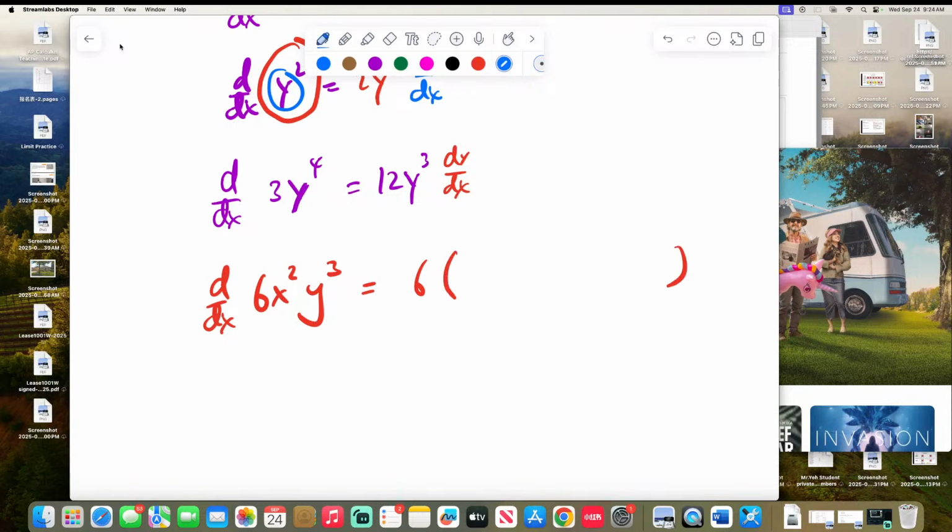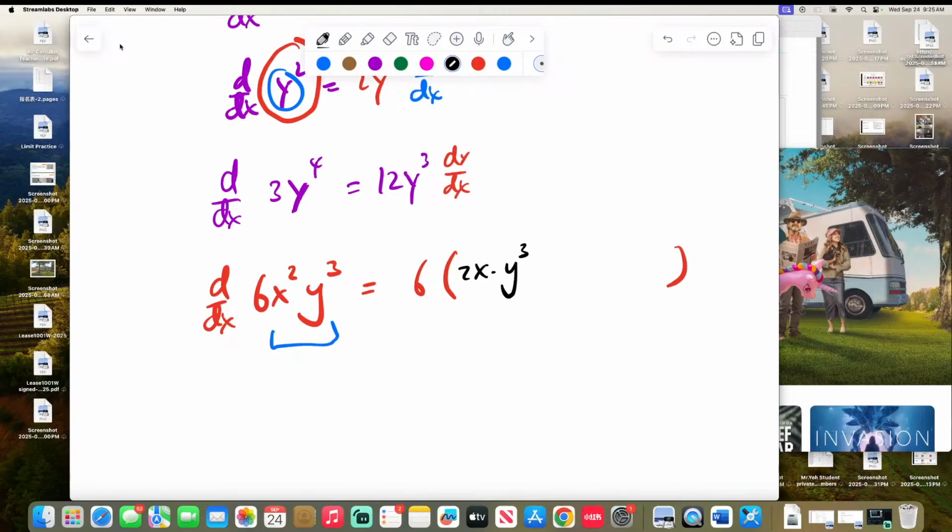Now we just focus on x squared y cubed. What kind of rule are you thinking of here? Product rule, because you have two things multiplying each other. So I'm going to take a derivative of x squared with respect to x. This is fairly easy. That's going to be 2x times y cubed.